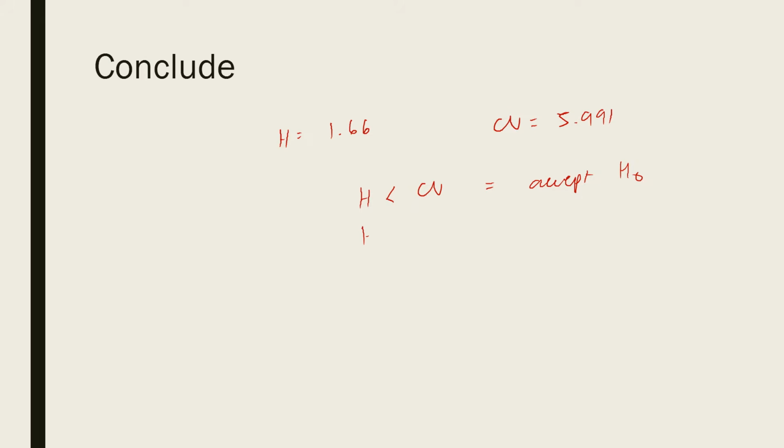If it's greater than your CV, then you reject the null. In this case, our H is 1.66 and our critical value is 5.991. 1.66 is definitely lower than 5.991, so therefore our conclusion would be to accept.